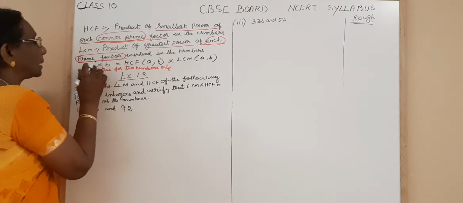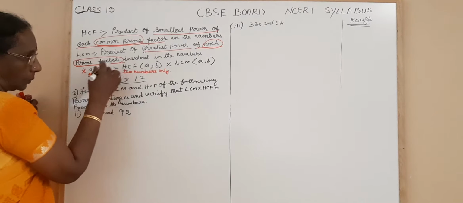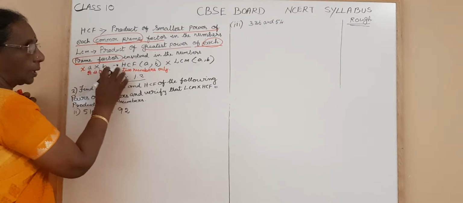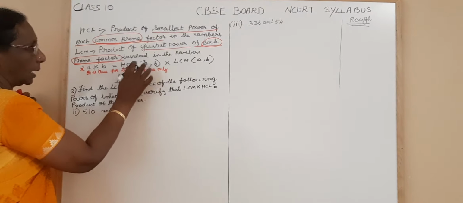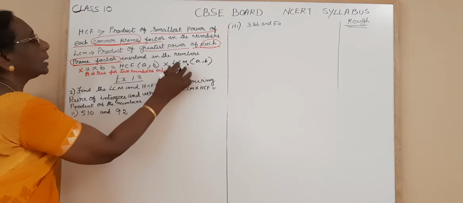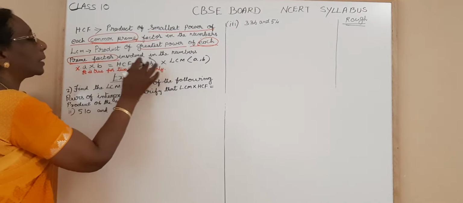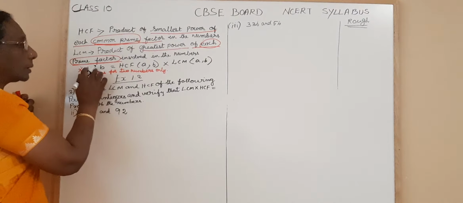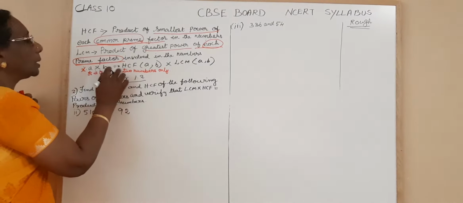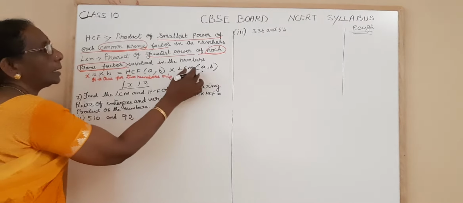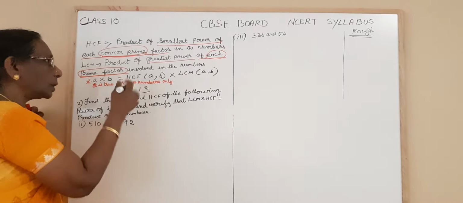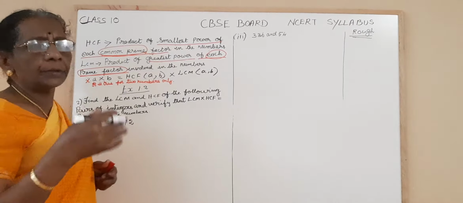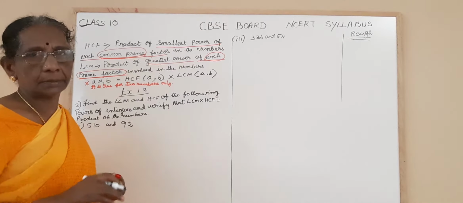Suppose we are given two numbers A and B. Product of the numbers A into B is equal to HCF of A and B into LCM of A and B. This is true only for two numbers, and we cannot apply this when you find the HCF and LCM of three numbers.